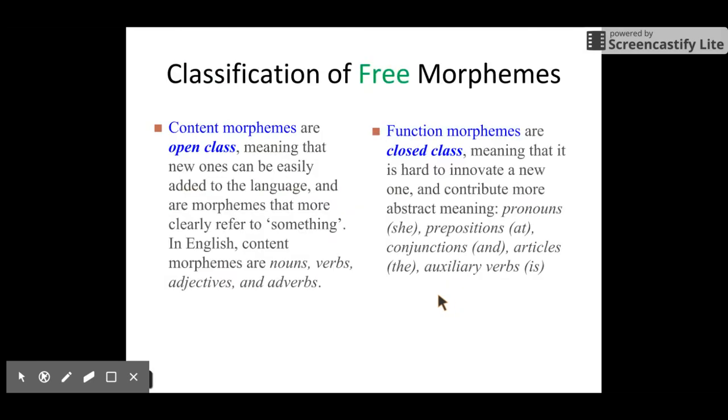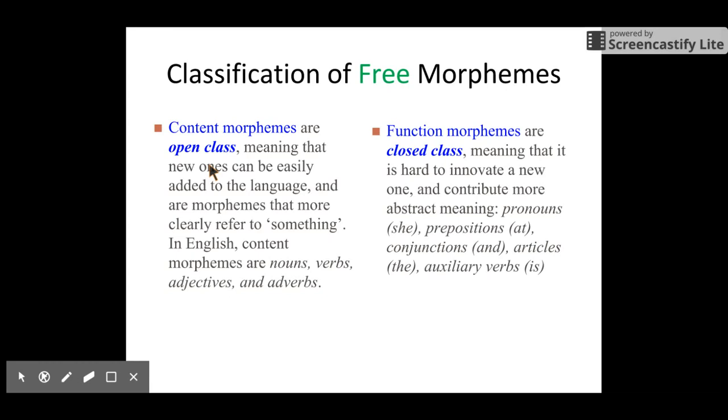Okay. There is a classification of free morphemes as well, based on the function of the free morphemes. There are 2 types. The first one is content morphemes, and the other one is function morphemes. Content morphemes are open class, which means that new content morphemes can be easily added to the language.